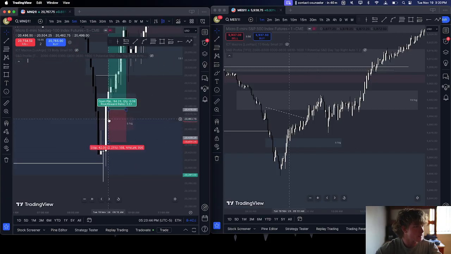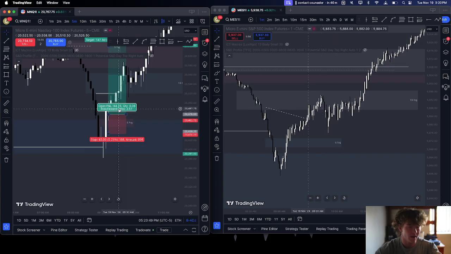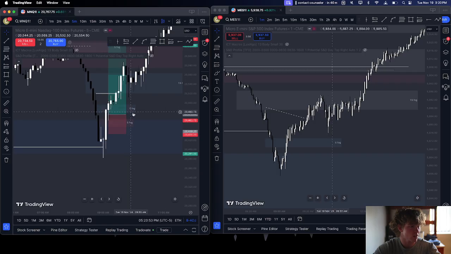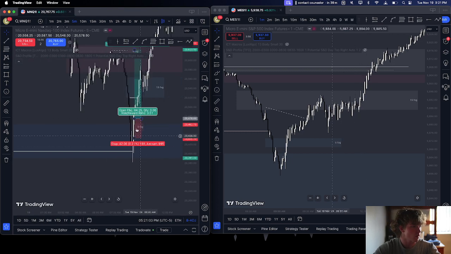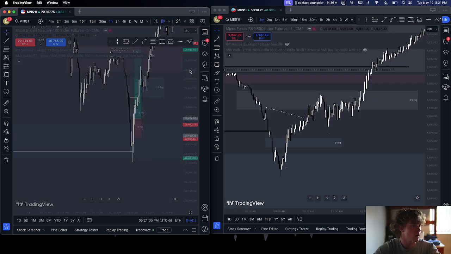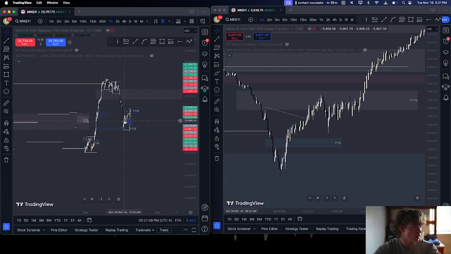5-minute. We close above, and then we also hit this 5-minute, which I don't really like necessarily, that there's another imbalance, but the fact that we just hit a 4-hour, we're long-term bullish, and then we also rebalance to the equilibrium of this range.